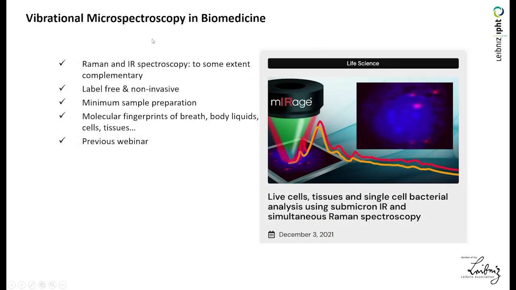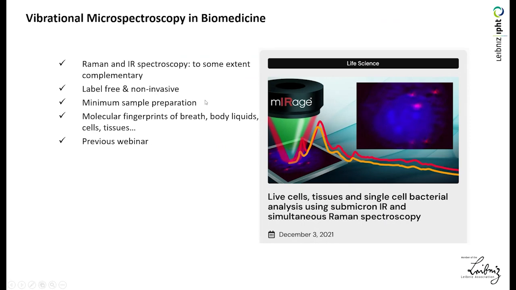I think I don't have to explain much about the role of vibrational microspectroscopy in biomedicine. The most frequently applied methods are infrared spectroscopy and Raman spectroscopy. They give to some extent complementary information. They are both label-free and non-invasive.